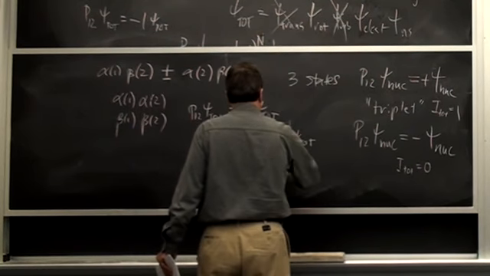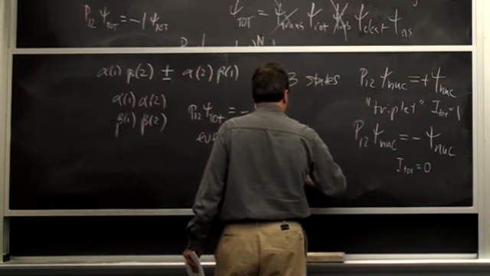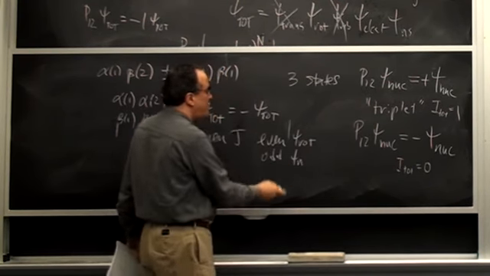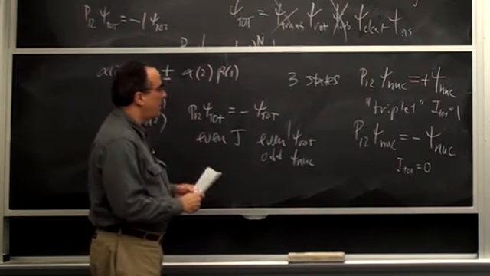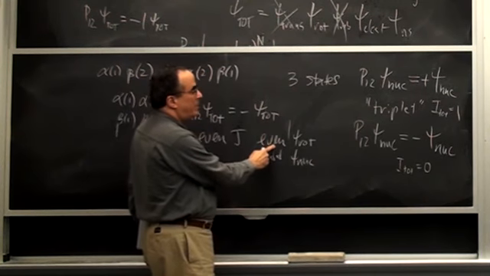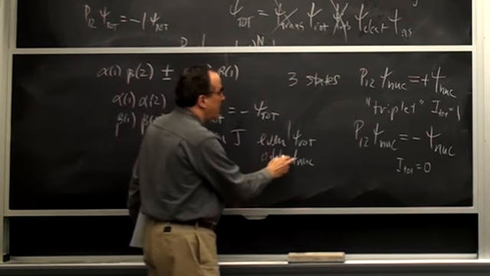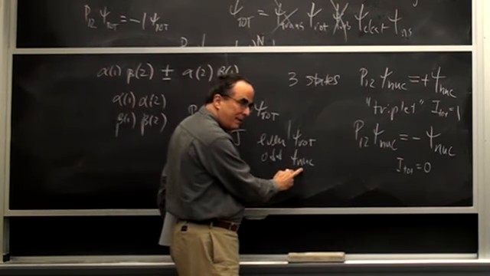So they must have odd nuclear spin, odd permutation symmetry nuclear. And so the odd symmetry nuclear spin is the singlet.